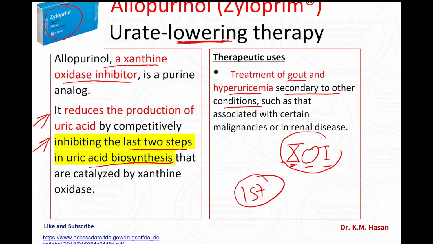For example, if the patient suffers from malignancy and is treated with anti-cancer drugs, or if the patient suffers from renal disease, this leads to accumulation of uric acid, and we use allopurinol to inhibit synthesis of uric acid. Remember, allopurinol is considered first line therapy for gout and hyperuricemia. It inhibits the last two steps of biosynthesis of uric acid.